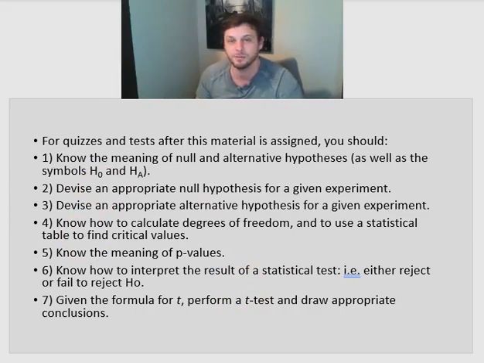Use a statistical table to find your critical value. Know the meaning of the p-value. It's talking about the probability, right? Know how to interpret the results of a statistical test to either reject or fail to reject the null hypothesis. And then, given a formula for a t, be able to perform a t-test and draw the appropriate conclusions.